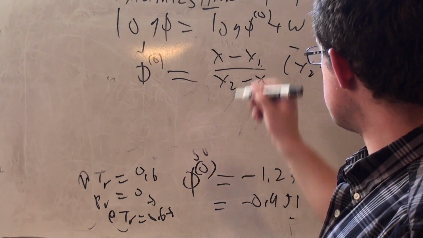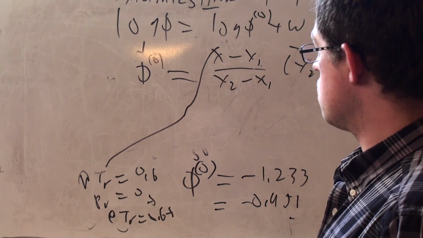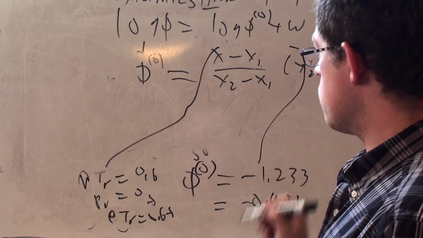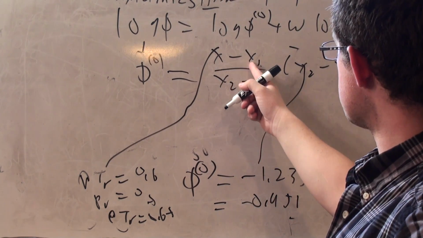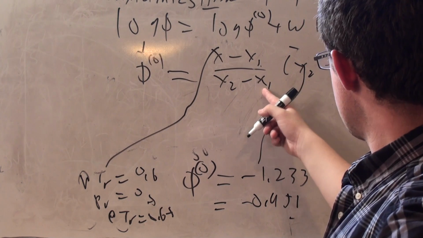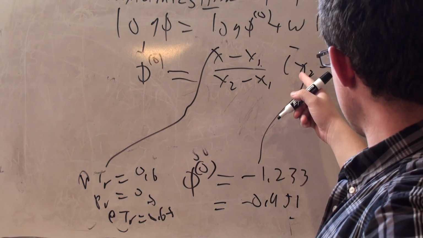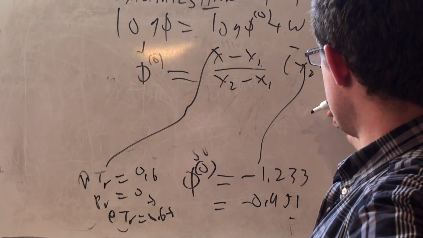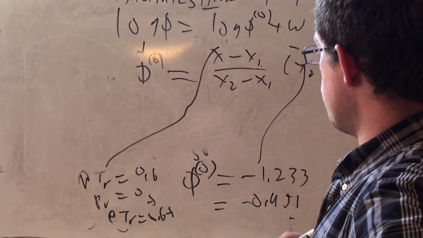In this case, my x's are my reduced temperatures, and my y's are my phis. So I do 0.62 minus 0.6, over 0.65 minus 0.6, times negative 0.951 minus negative 1.233, plus negative 1.233.